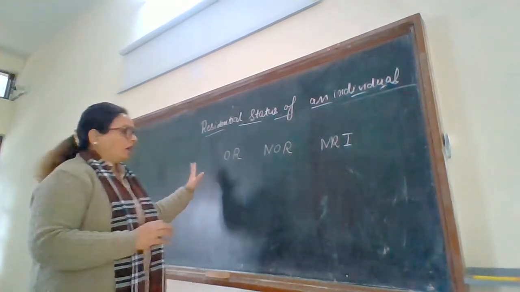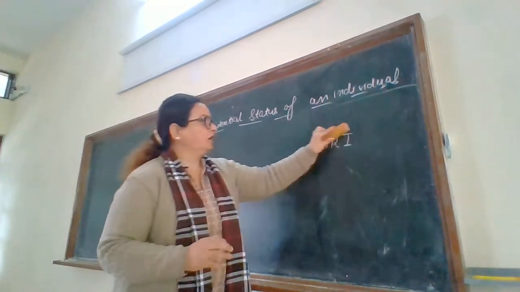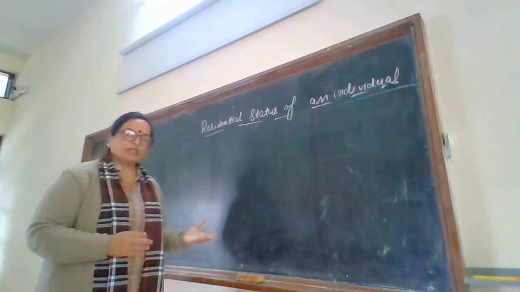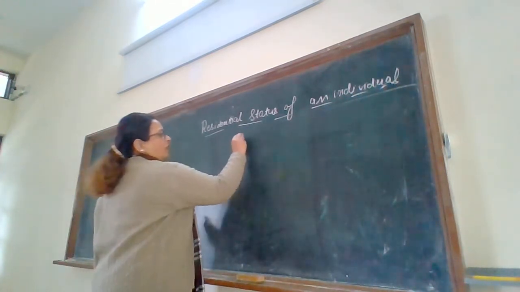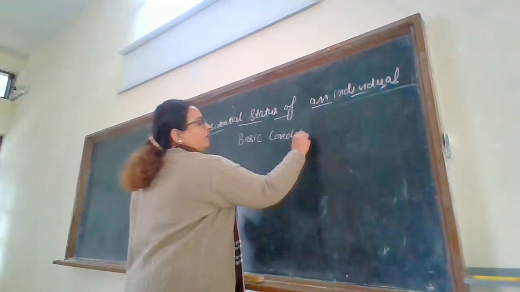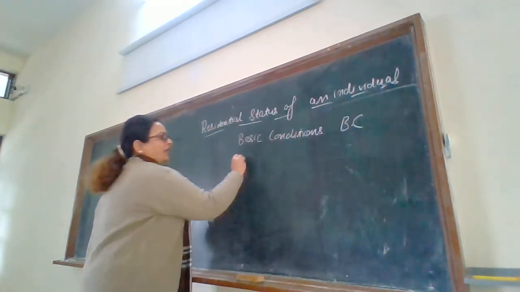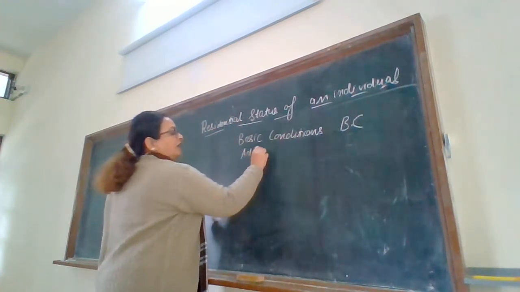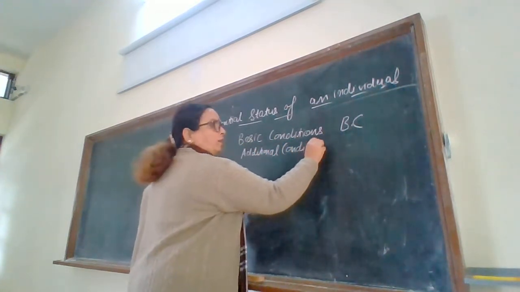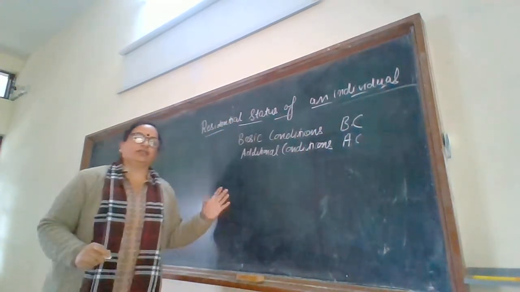Now, for becoming OR or NOR, there are a few conditions which we have to study. There are two types of conditions. One is basic conditions, which we will refer to as BC, and the other is additional conditions. There are two basic conditions and two additional conditions.